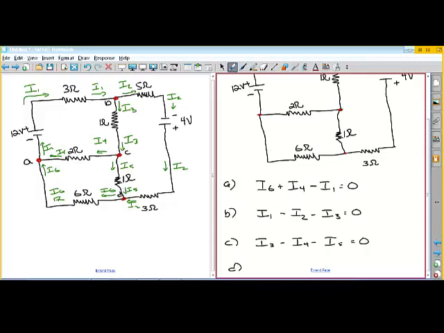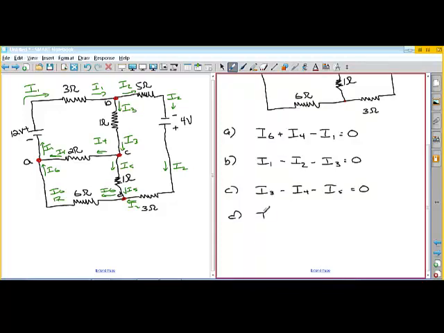We have I5 and I2 going in, and I6 going out. So we have 4 junction rules. That means we need 2 loops because we need 6 equations and 6 unknowns to be able to solve the problem.